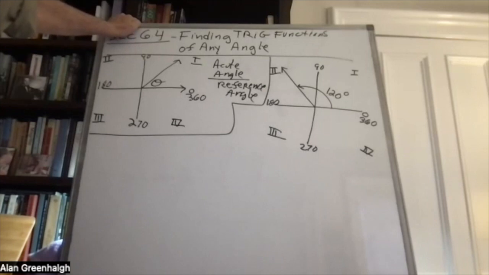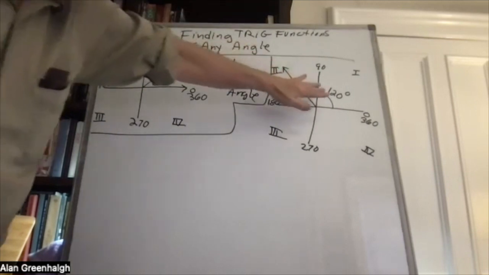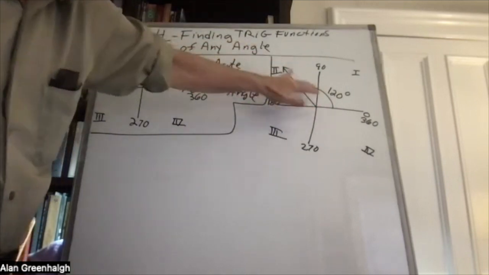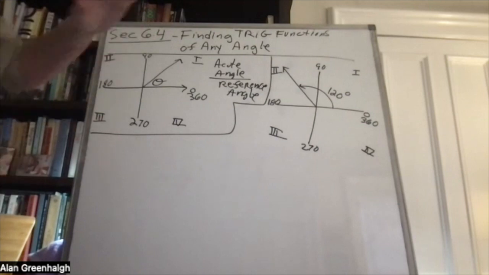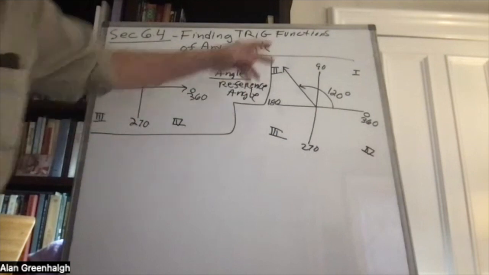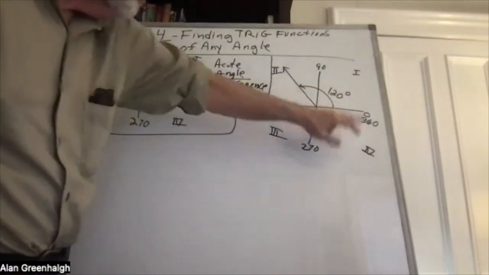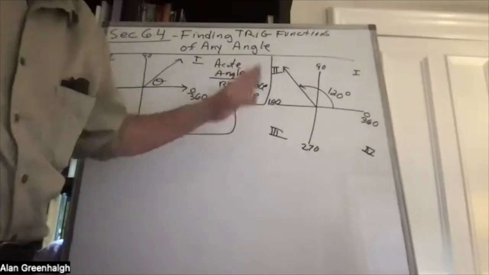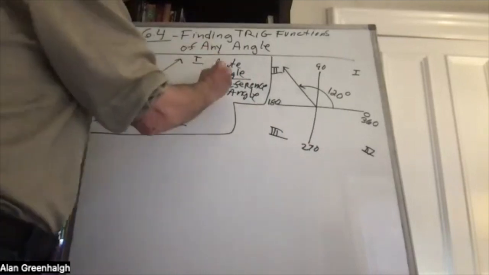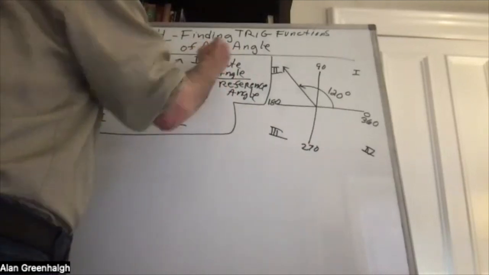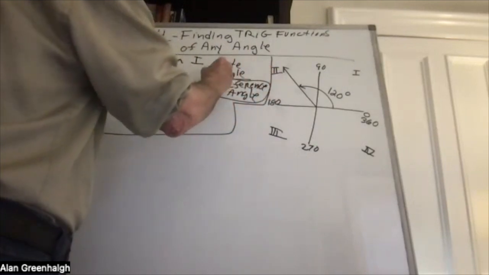But for any angle greater than 90 degrees, there's no triangle here. How do we create a triangle for 120 degrees? Well, no matter where the angle may be, in the second quadrant, the third quadrant, the fourth quadrant, it could be anywhere, we would always like to convert the angle to a first quadrant angle, the reference angle.